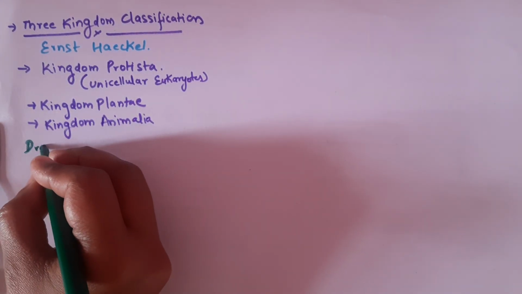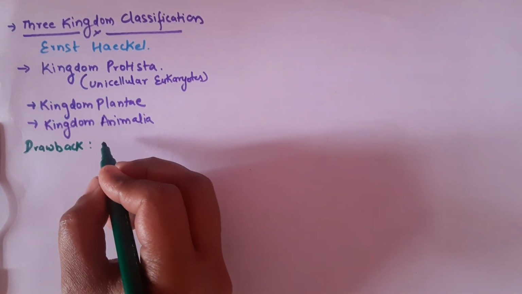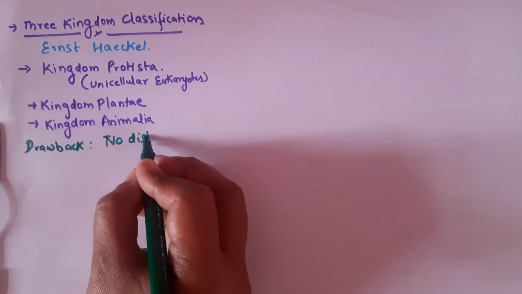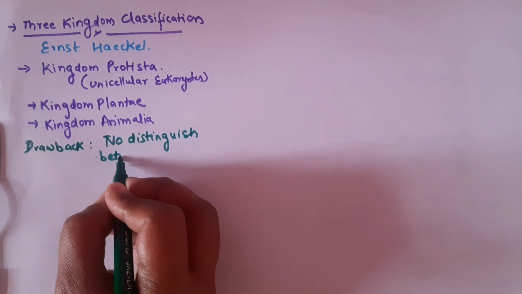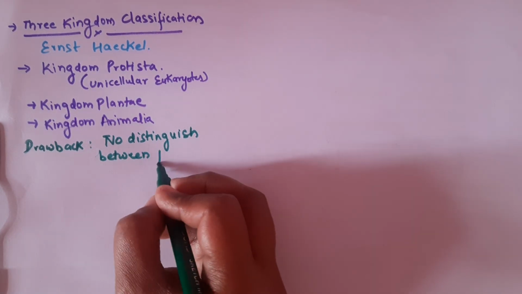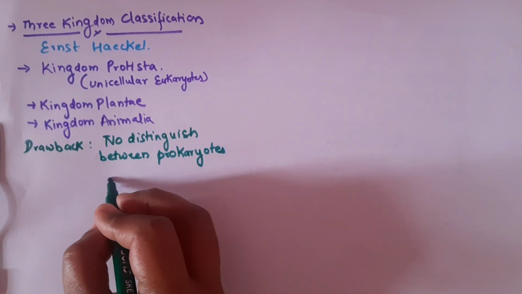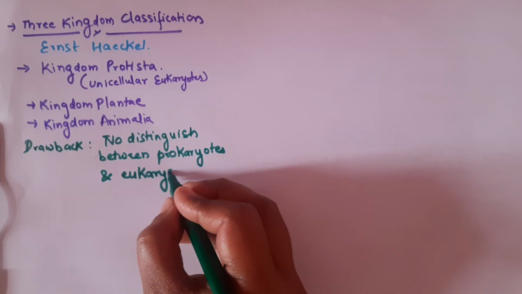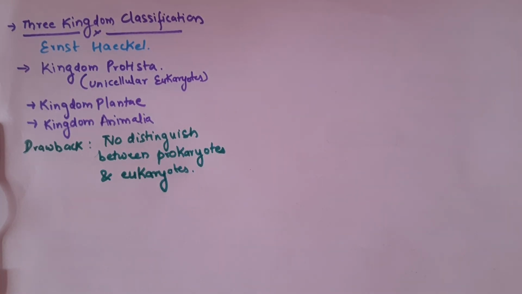What is the drawback? There is still no distinction between prokaryotes and eukaryotes. So this classification system did not clearly or adequately distinguish between prokaryotes and eukaryotes.